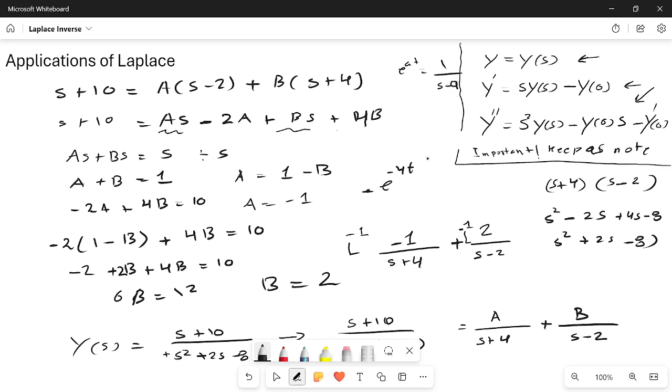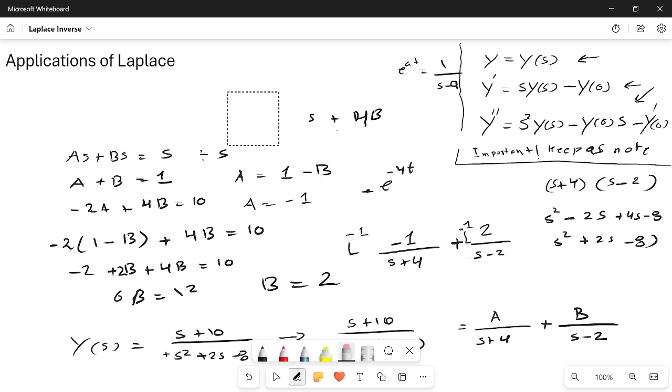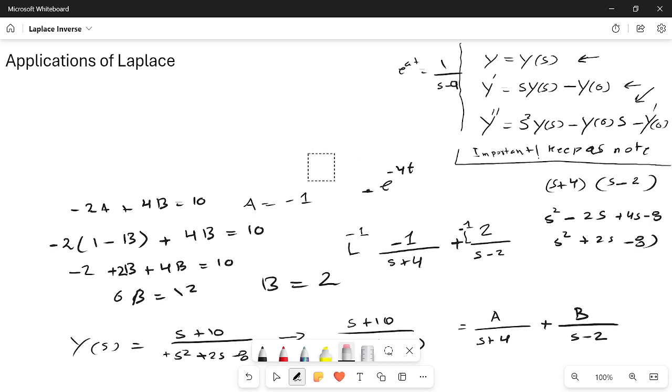To make this s plus 4, we have to put the a as negative 4, because negative and negative is equal to positive. So we have the Laplace inverse of negative 1 divided by s plus 4 is negative exponential negative 4t.